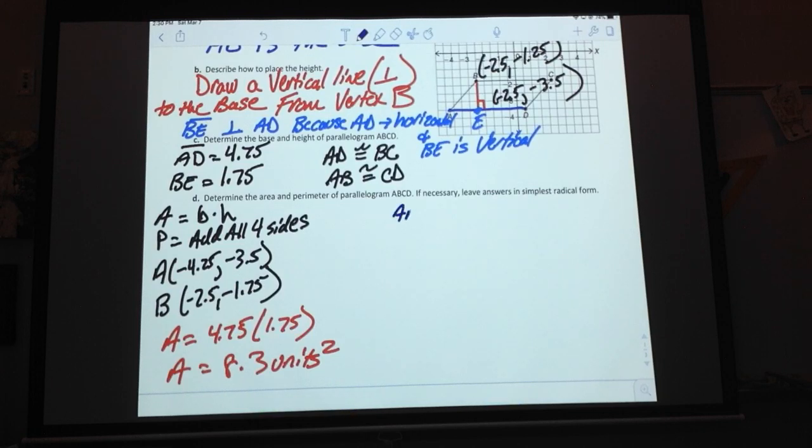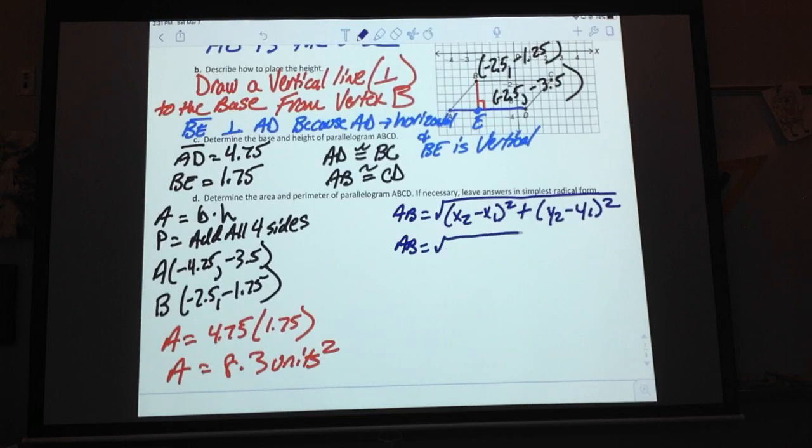So AB equals distance formula, the square root of x2 minus x1 squared plus y2 minus y1 squared. So AB, A to B, negative 4.25 minus a negative 2.5 squared plus, and I started with A, so negative 3.5 minus a negative 1.75, and all of that squared.